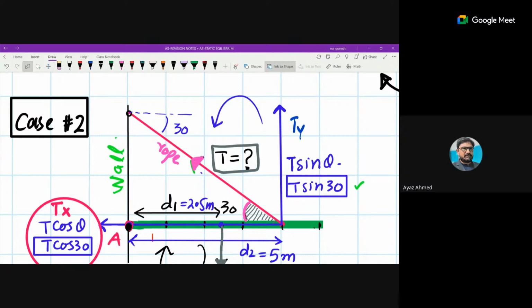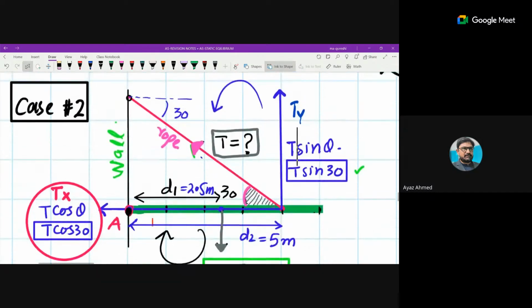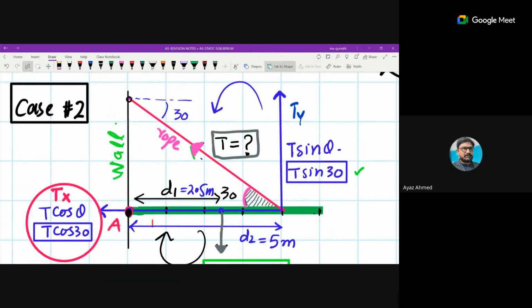Yes. Okay, so a very important point here. T vertical is perpendicular to the distance of 5 meters, which is the perpendicular distance from this pivot point.